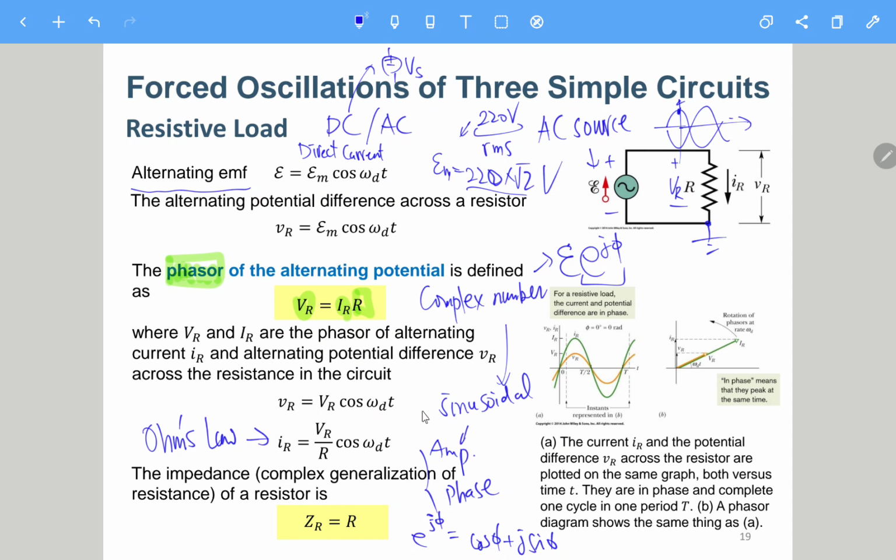So this can be represented by a complex number VR, although this complex number is a real value only. At least you can consider VR a phasor, and IR is actually this thing, and the phase is also 0. So it turns out the phasor VR equals IR times R.